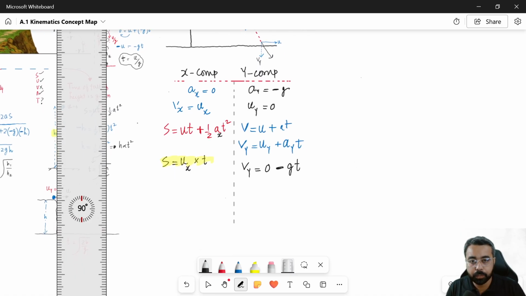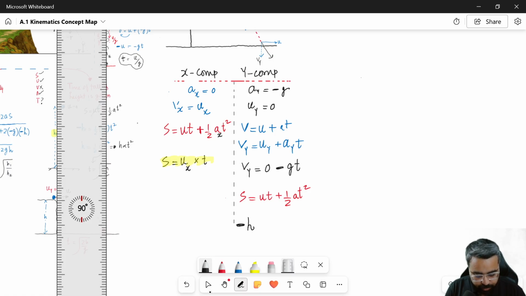And how much will be the vertical displacement covered, dear students? If you apply this equation, s equals ut plus half at square, you will get the same equation that we had made a few minutes ago. So s is basically the vertical distance in this case, which is negative h.